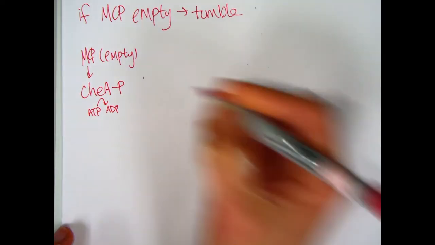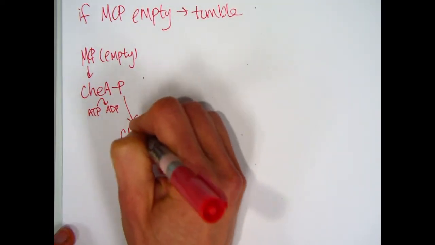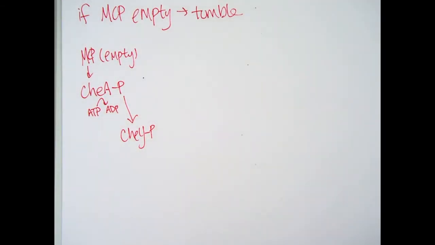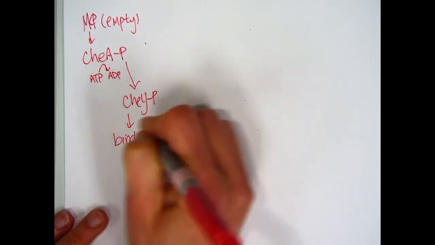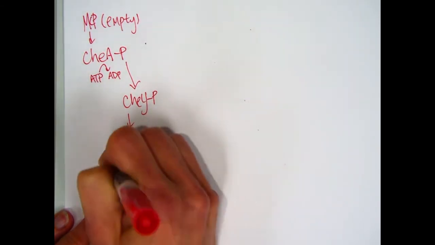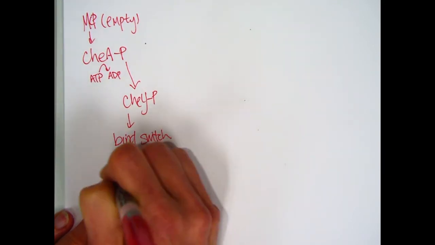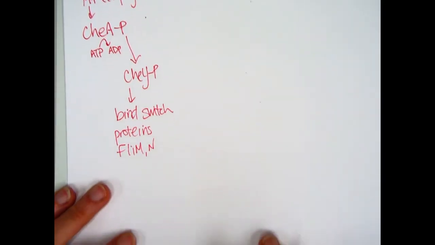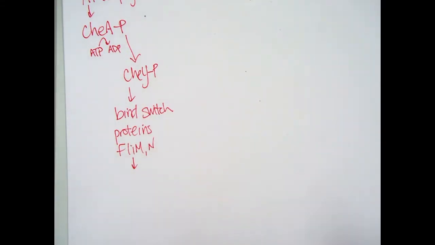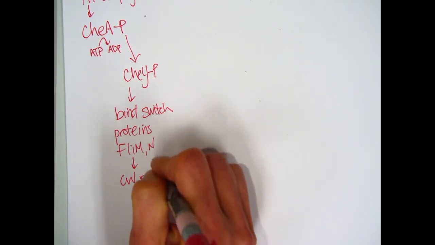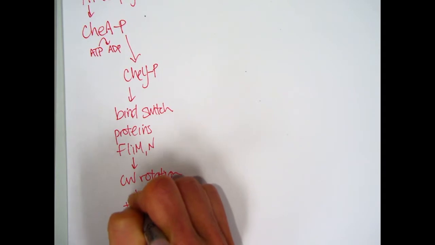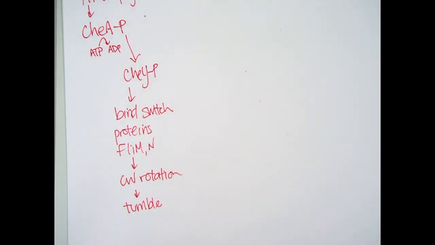The CheA, which now has the phosphate group, leads us to phosphorylated CheY. This phosphorylated CheY will then bind to the switch proteins FliM and FliN, and the bound switch proteins will reverse the direction of the flagellum, giving a clockwise rotation, which gives a tumble motion to the cell. And again, the tumble motion is just a stop and a random reorientation.